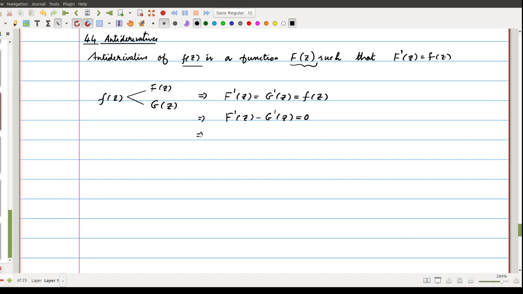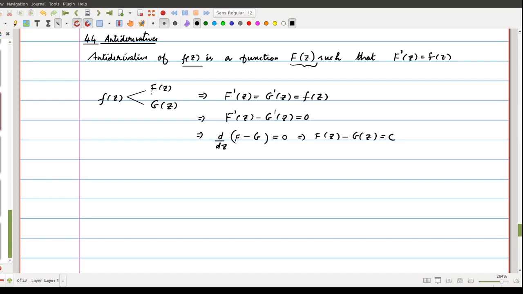So this implies d by dz of capital F minus G is 0. Okay, so the derivative of the function F of z minus G of z is 0, which means this function is a constant.